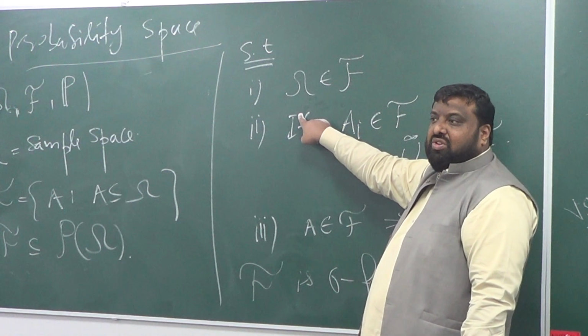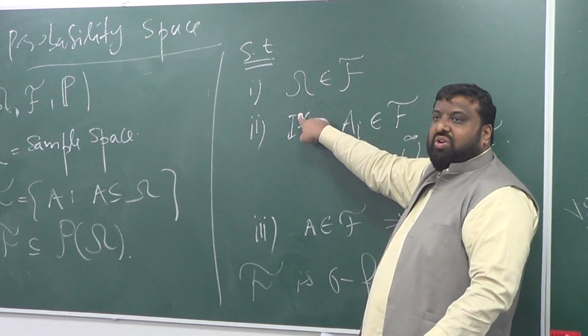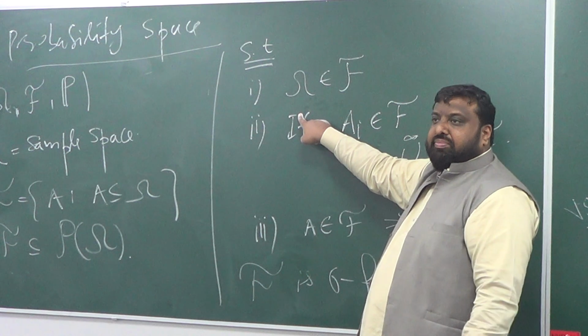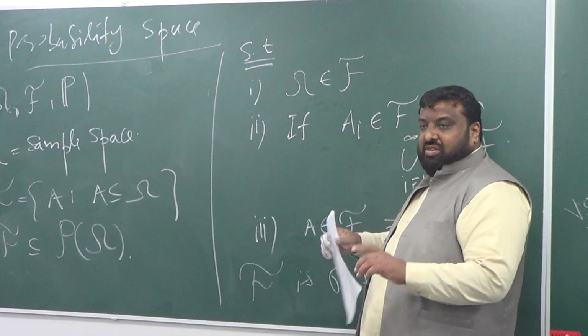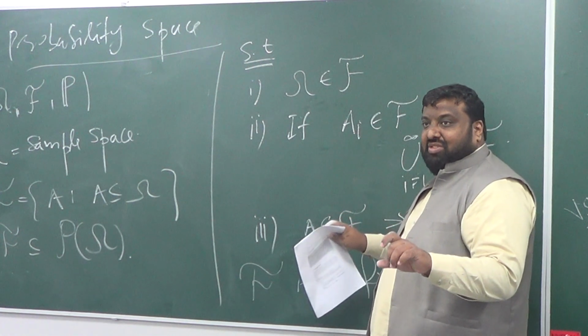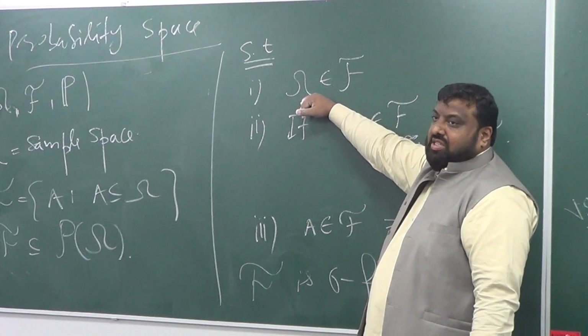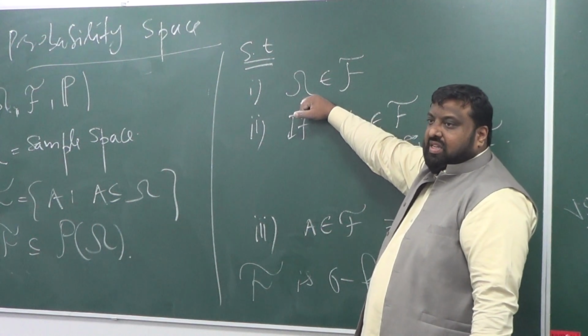If you have a random experiment, it should give you something. I'm not talking at the moment about measurable in the technical sense. I'm saying that all information must be measurable in some sense.